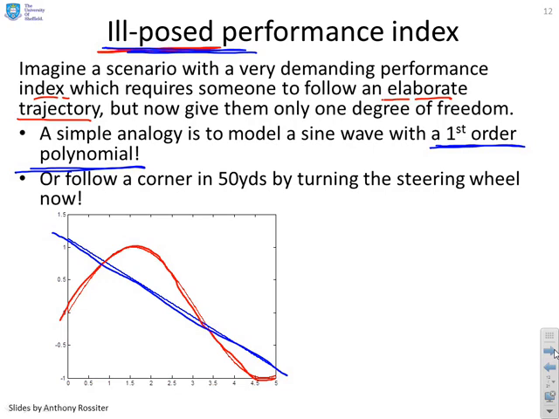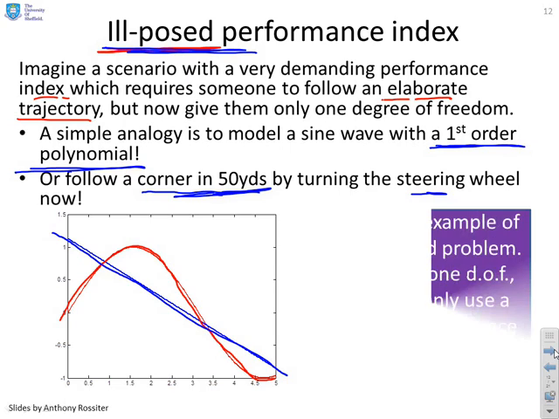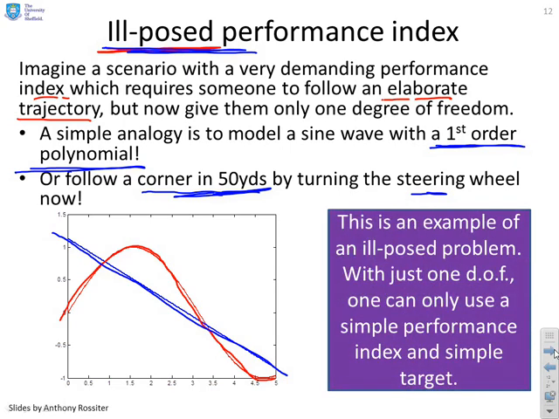An alternative would be, say, can you follow a corner in 50 yards time by turning the steering wheel now? And of course you say, well no, I've got to turn the steering wheel in 50 yards time, not at this point in time. And what you've got there is a mismatch between the degrees of freedom you've allowed yourself when you can turn the steering wheel and where you actually need the turn to take place. So these are examples of ill-posed problems.